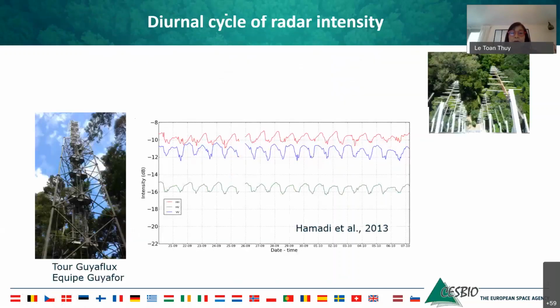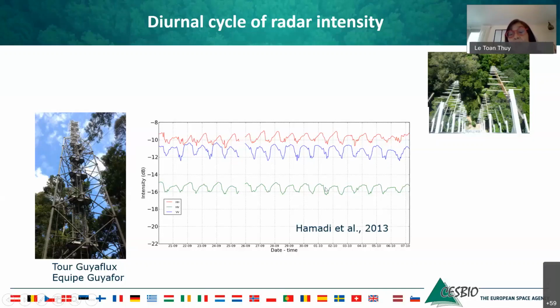Okay, and so we can detect this at HH, VV, and HV of the signal over a tropical forest where nothing changed. And so it's very important because here you see that in dB, if you take here the intensity, there's at least 1 dB of difference during the day.